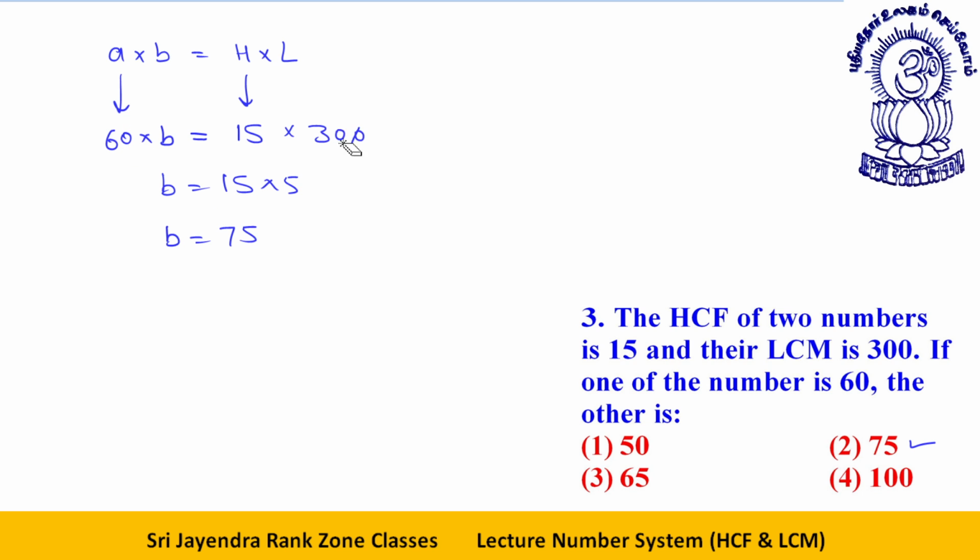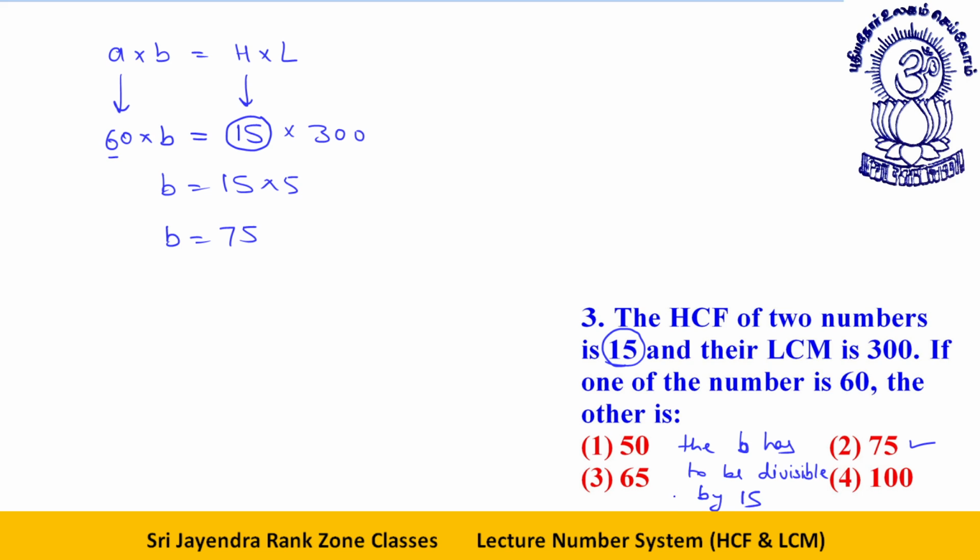Okay, dear students. Now the other logic. What is the HCF? HCF is a number which divides both A and B. HCF is 15. This 15 will divide both A and B. I know one number is 60. The other number, whatever the other number is, the second number B has to be divisible by 15.